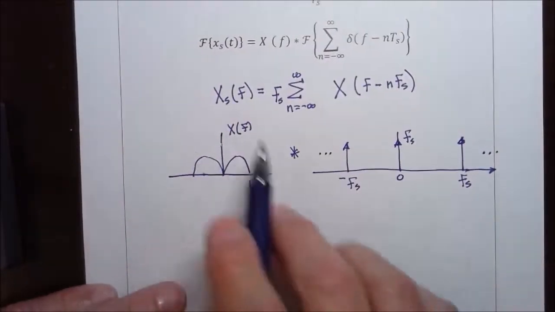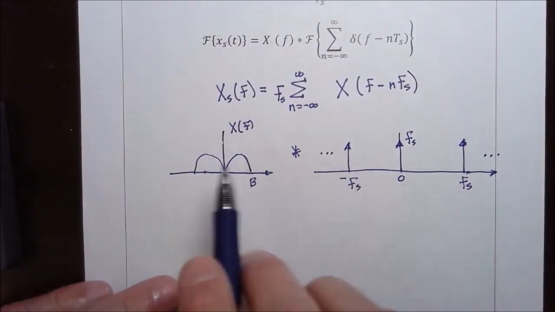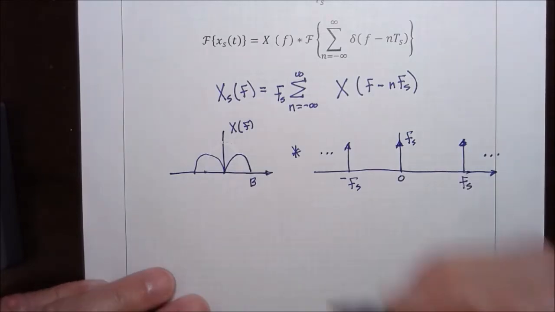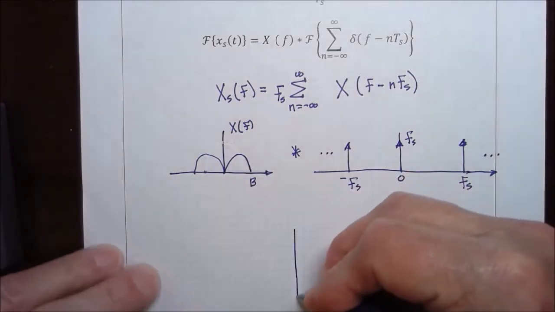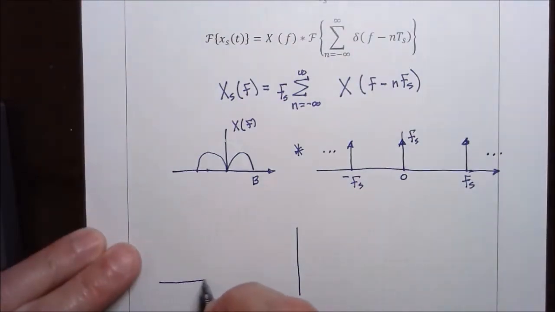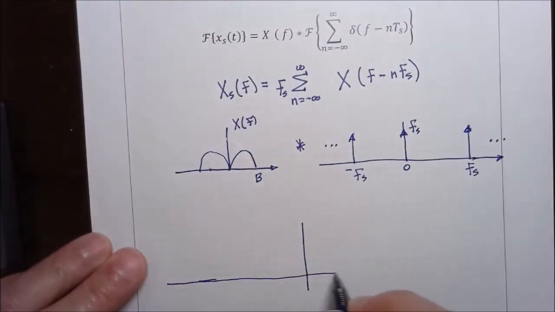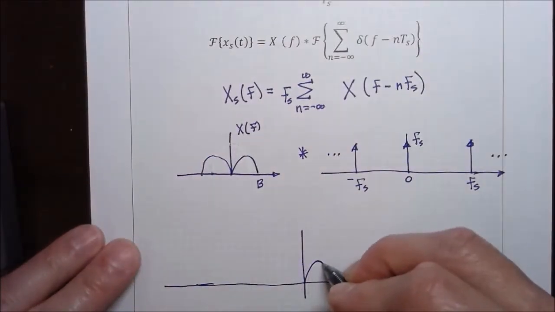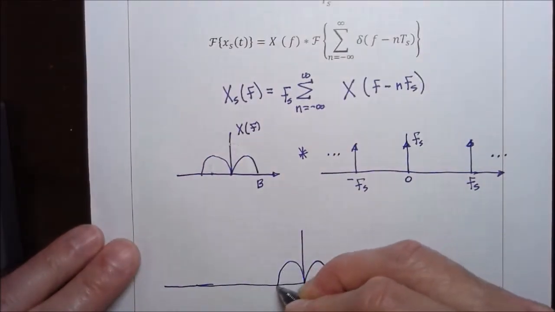And when we convolve this shape with this train of delta functions, we replicate this shape centered at each one of these delta functions, and what that will result in is a spectrum for the sampled signal that will look something like this.